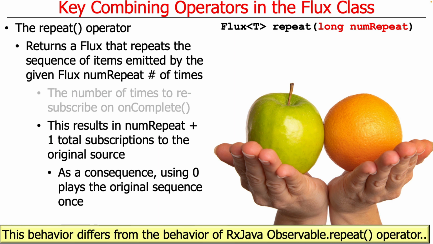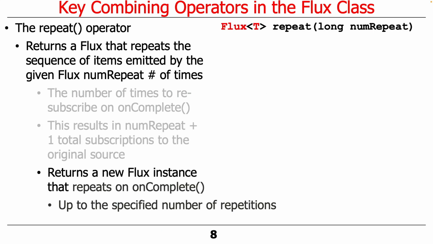This behavior is different from the way that RxJava's repeat operator works on an observable, which is often cause for confusion. I've run into that before. So they're not the same. They're like comparing apples and oranges. So what happens is this returns a new flux instance that will repeat every time its onComplete operation is called, up to the specified number of repetitions.